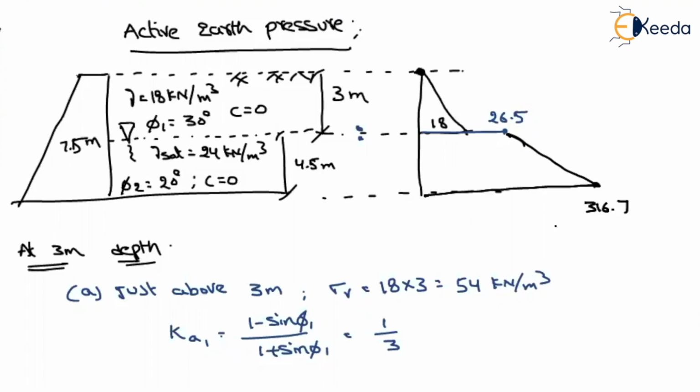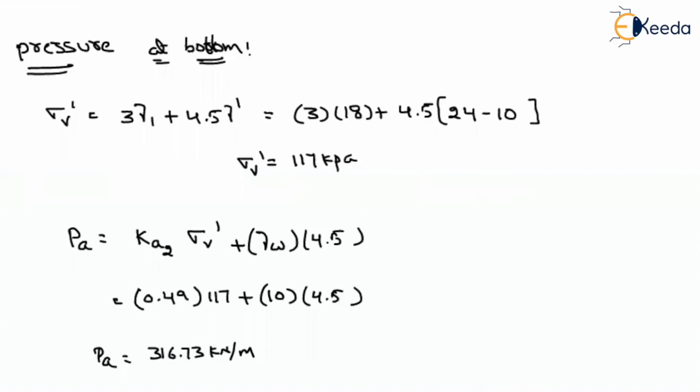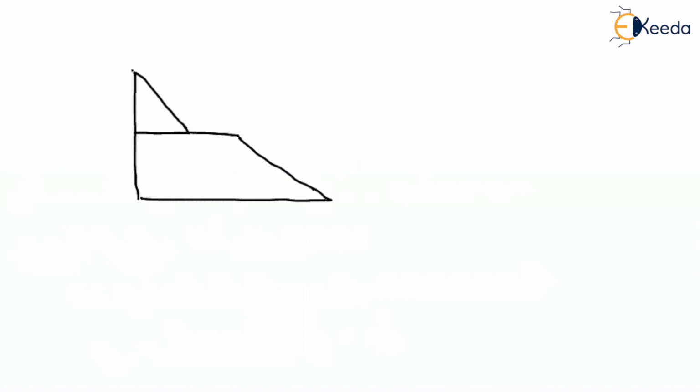What is the area of this pressure diagram? Let me draw it here again. If I draw the pressure diagram again, here it will be 0, 3 meter. What about this weight? Here 18. And what about here? It will be around 26.5. What about the magnitude here?